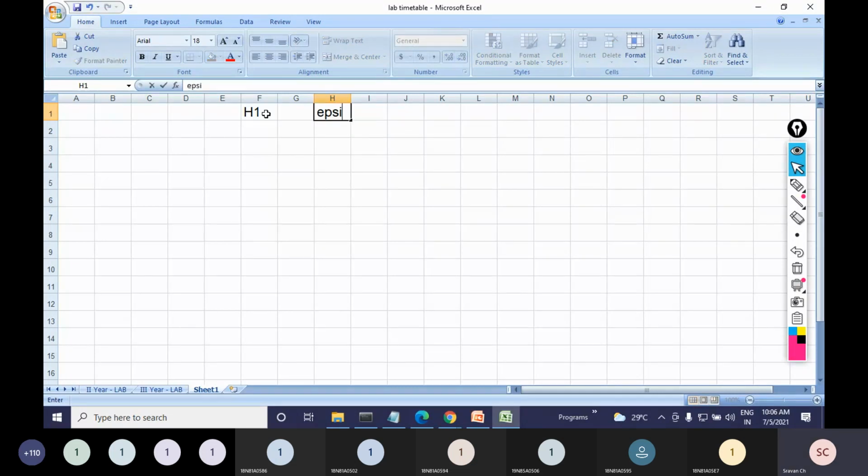Its range is 0 to 0.5. Suppose epsilon was given as 0.05. In the problem, they will give you the range of epsilon. Then delta is equal to 0.20, something like this.